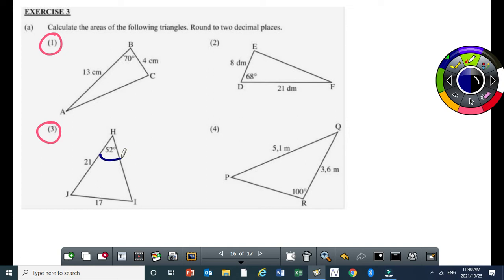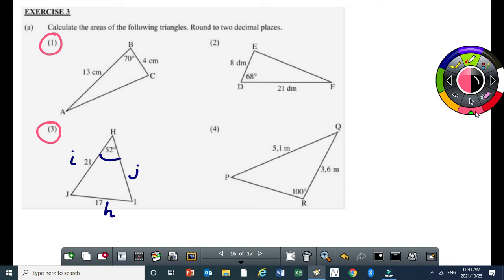So let me label. This will be small h, that will be small j, this will be small i. By now we should know how to label. Since I don't know the length of IH, it means I have to calculate it.